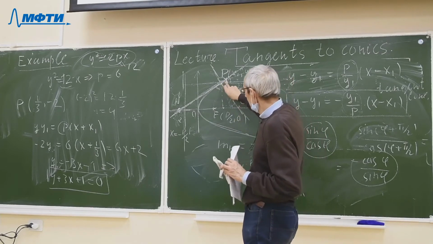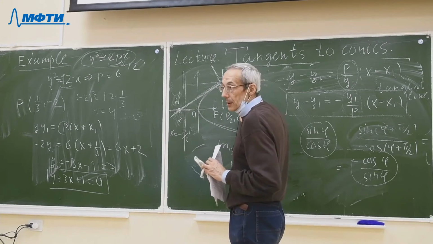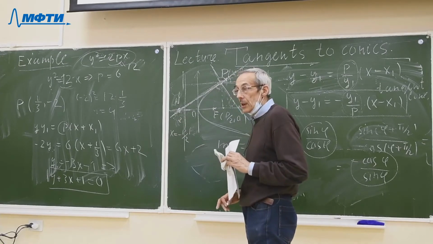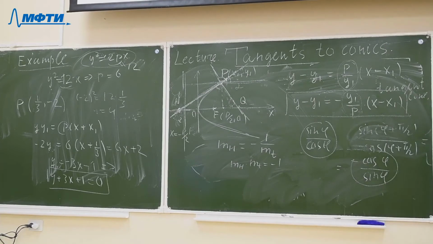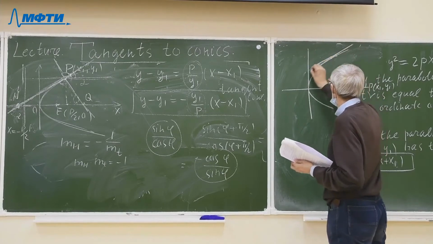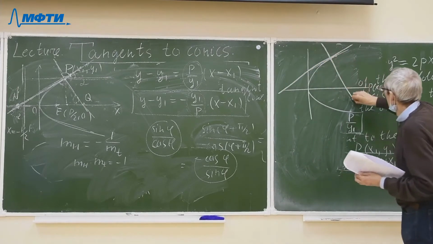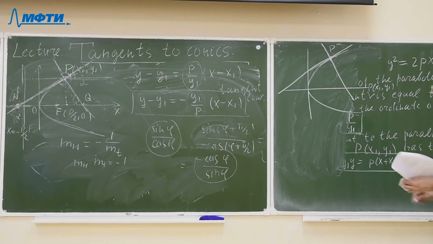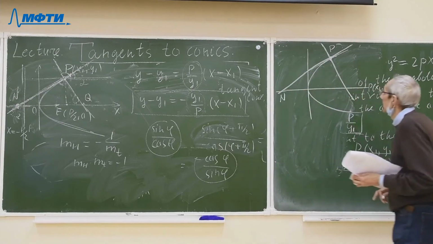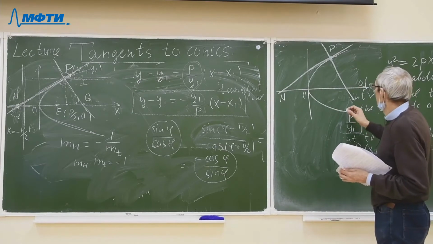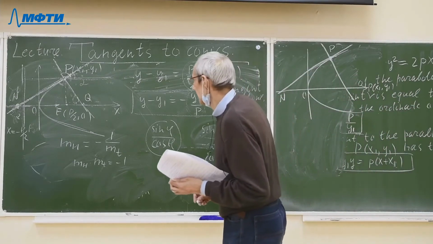If we fix P, we also fix N and Q. If we change P, both of these points change. I fix point P and consider also two points: N, the point of intersection of the tangent straight line and the axis OX, and the other point Q.